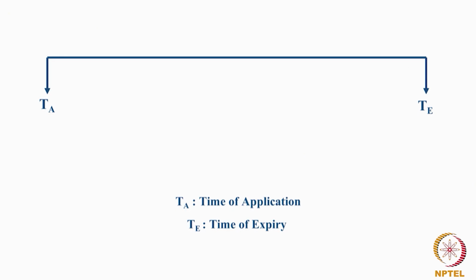So, the entire Patents Act, the enactment that governs the law of patents in India, can be understood as interventions between TA, that is time of application, and TE in the life of a patent. Now, let us see how that looks.